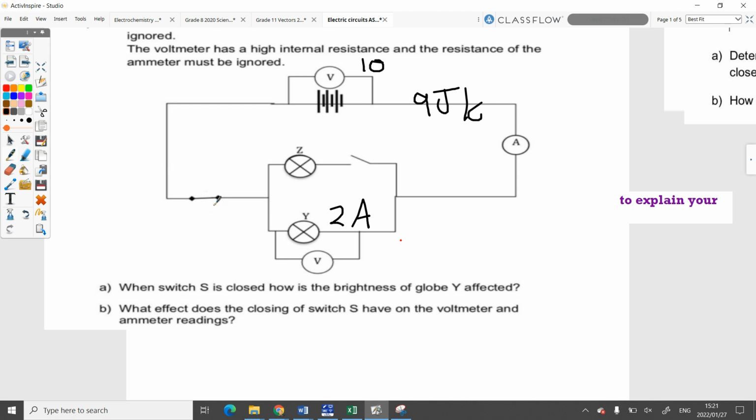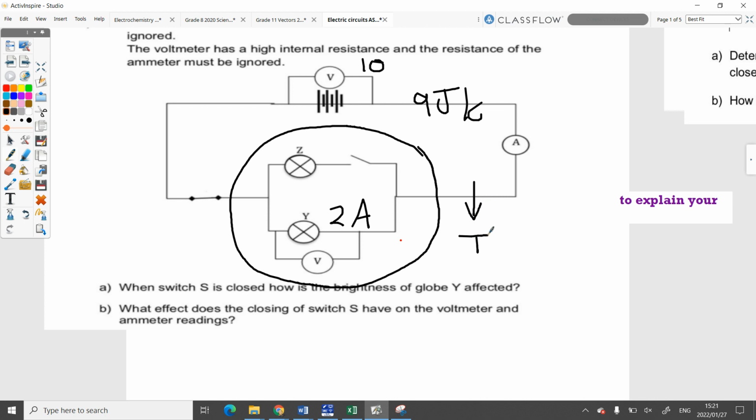Okay, so where was I? They're asking about the brightness. So if we're looking at the brightness of the light bulb when the switch is closed, what is happening to the resistance in that whole bit? The resistance is going to decrease. As soon as the resistance decreases, what is going to happen to the current? The current is going to increase.